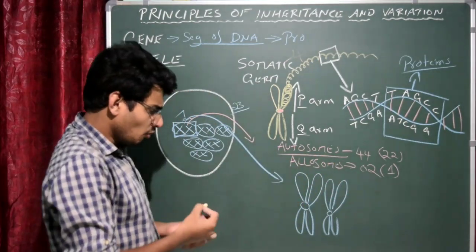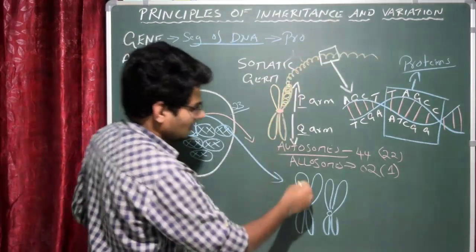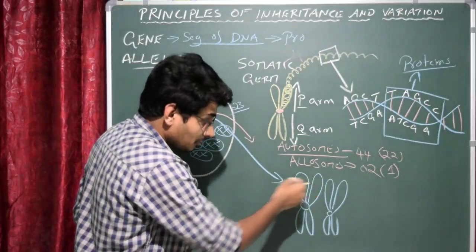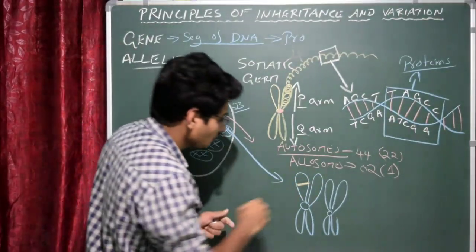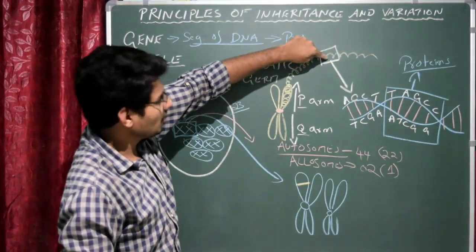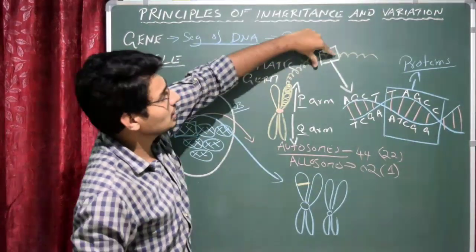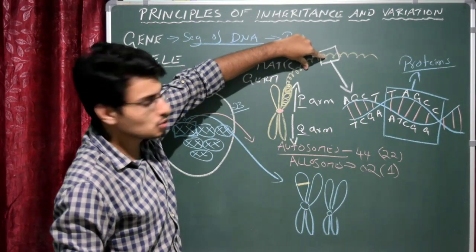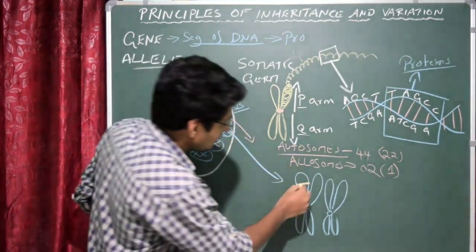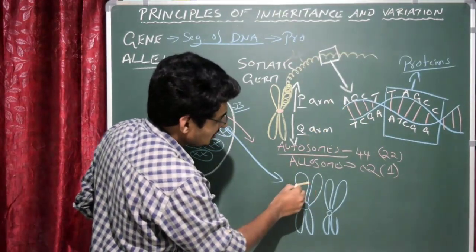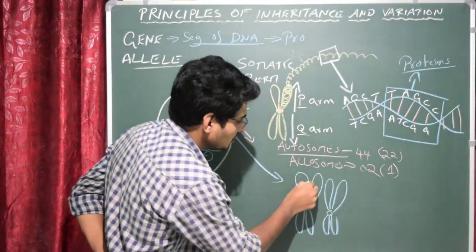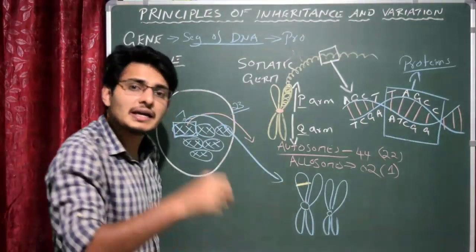Obviously there are segments on that particular chromosome where you could see the gene. Gene is here. If it is the uncoiled structure of the chromosome. If it is not uncoiled, the chromosome will be like this, where that particular DNA segment comes somewhere else. So this is the place or position on the chromosome where a gene is situated.